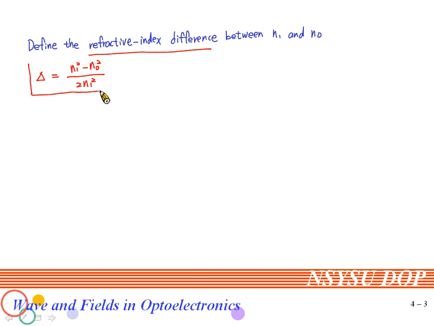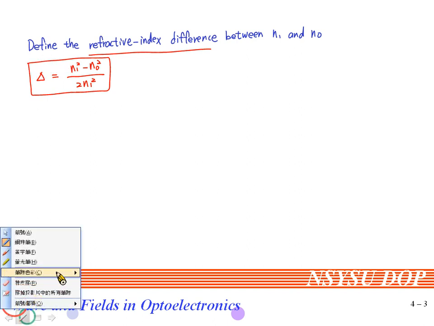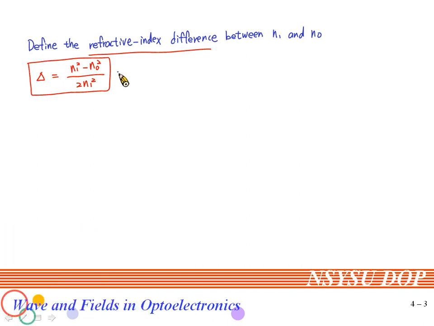This is a very important parameter for an optical waveguide. According to the expression, the numerator can be written as N1 plus N0 times N1 minus N0, divided by 2N1 square. And usually for optical waveguides, N1 is almost the same as N0.